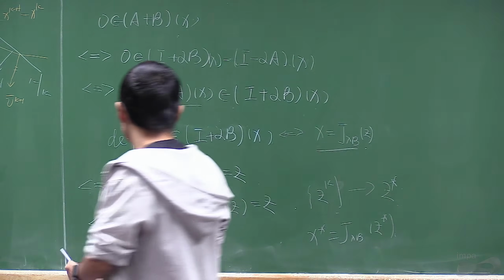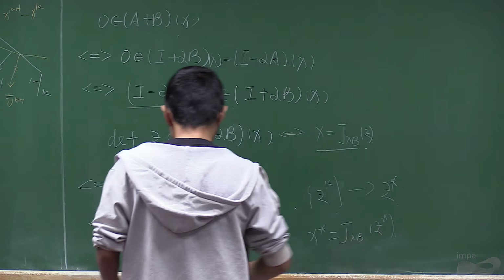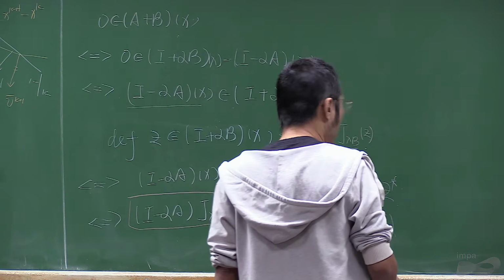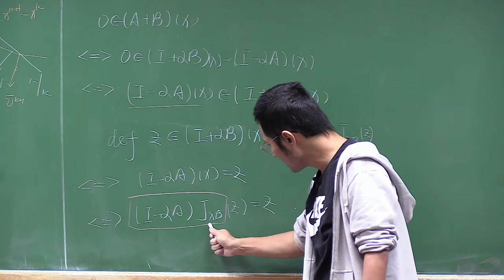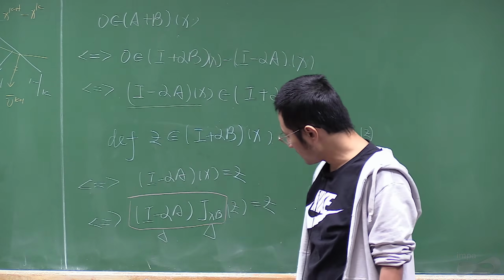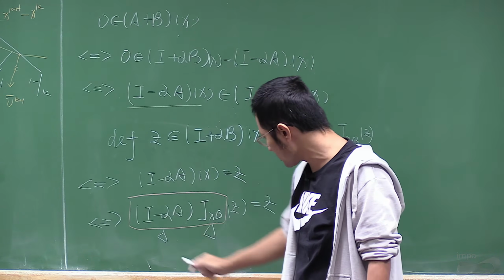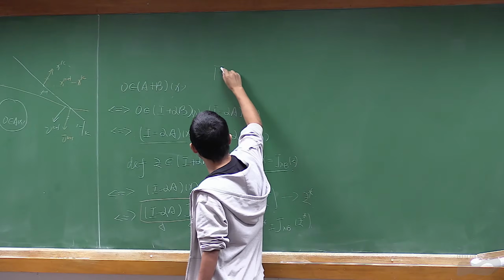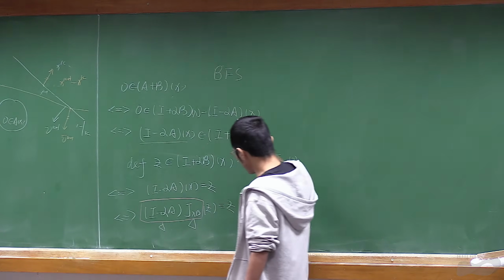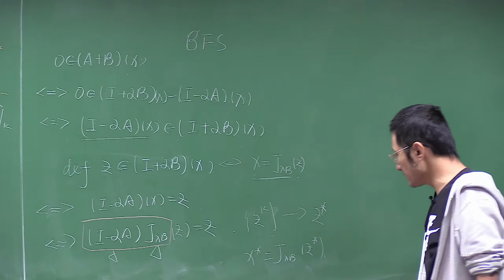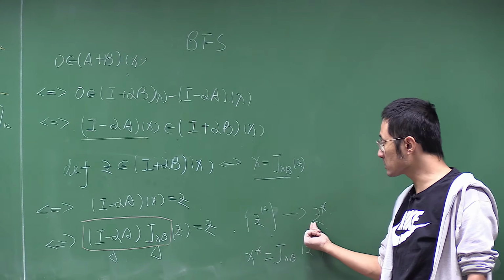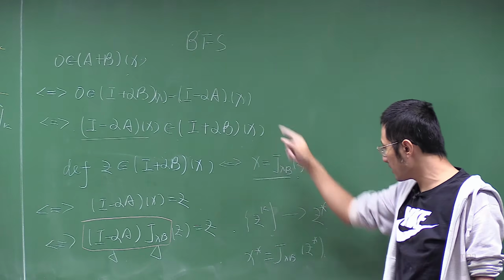This is called backward-forward, okay? Because we use this resolvent first, and the operator A itself later. So we call it backward-forward splitting. The difference is the sequence is different. The sequence will not converge to the solution of the original problem directly.